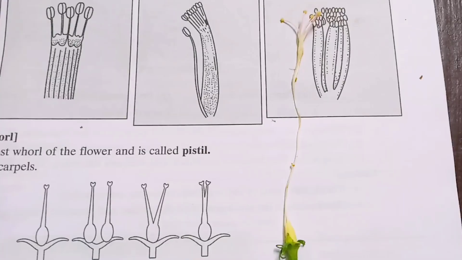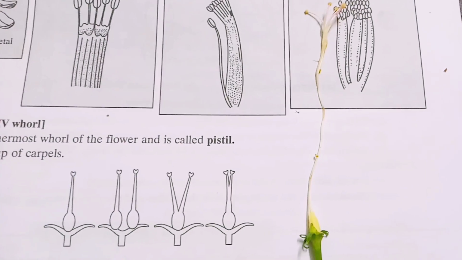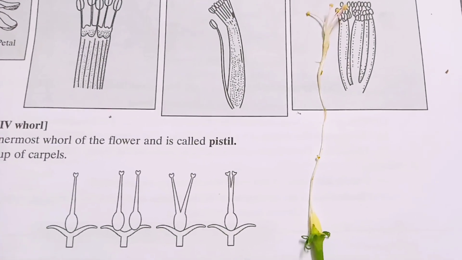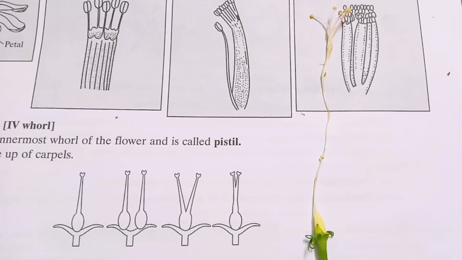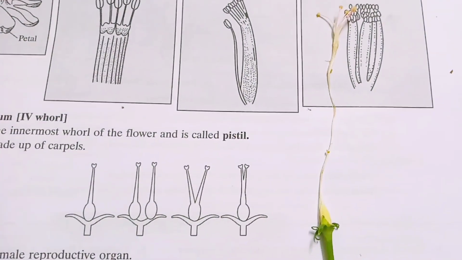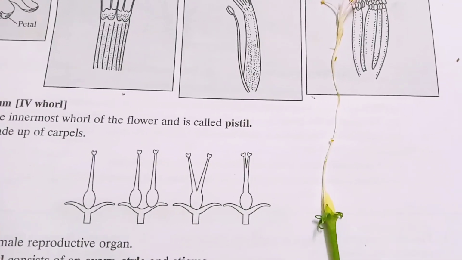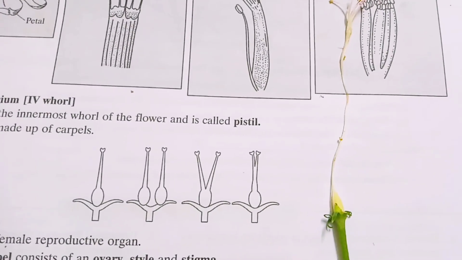So this is the male part of the flower. Now let's check out the female part of the flower. This is the structure of the female part of a plant, which is known as gynoecium. In this gynoecium, three parts are present. One is the stigma. The long, slender pipe-like structure is the style, and this is the ovary.